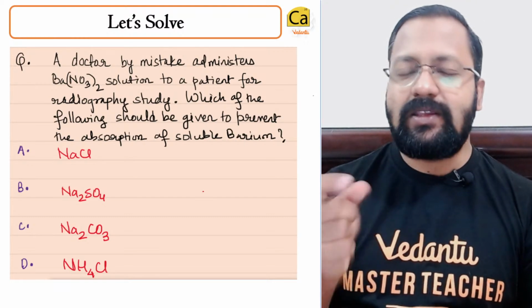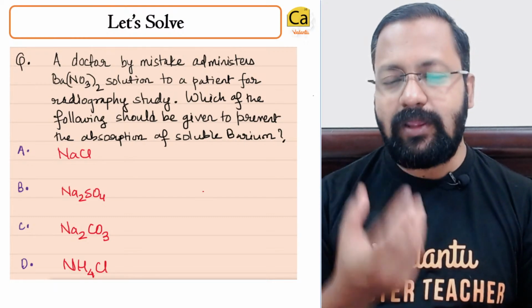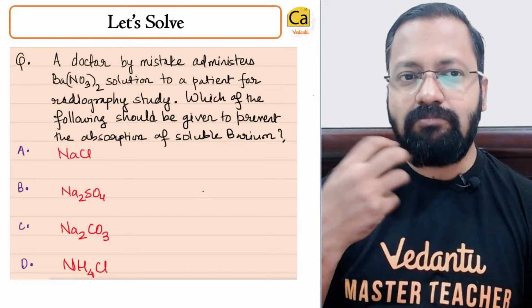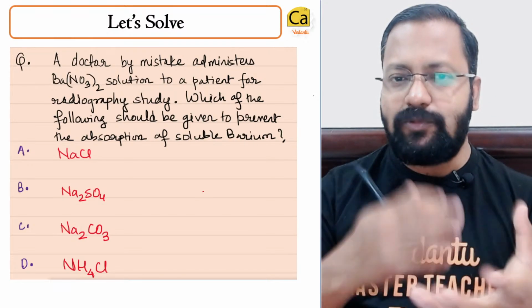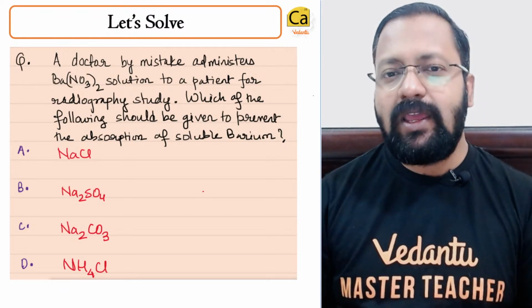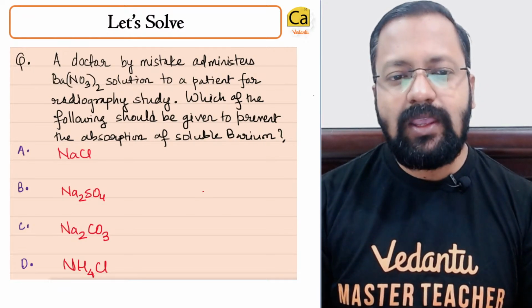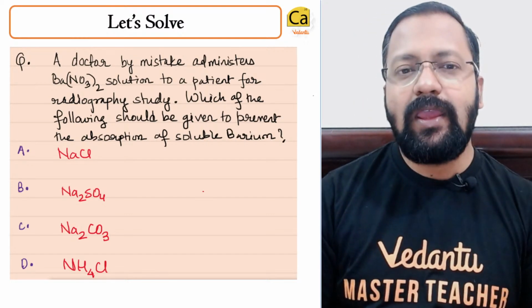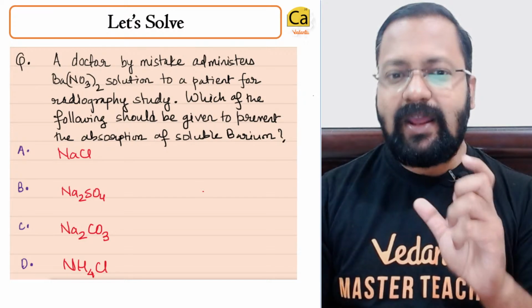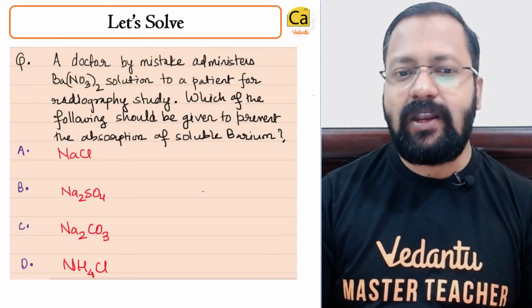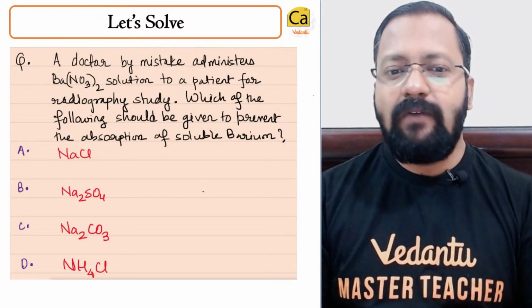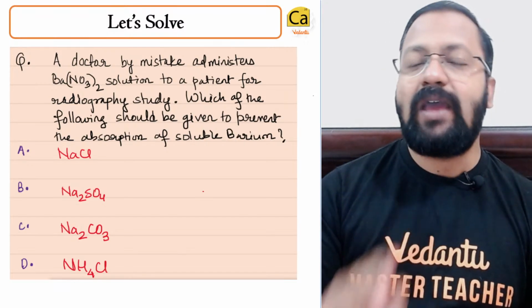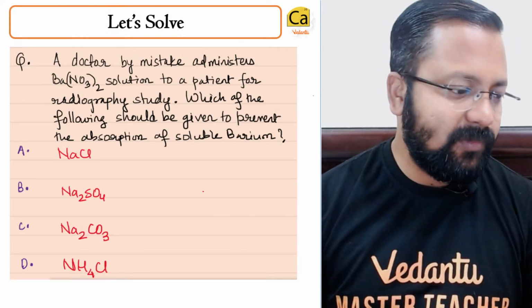In that examination, they'll give a barium salt to drink, and this barium will get absorbed in different amounts in different locations. Which of the following should be given to prevent the absorption of barium?